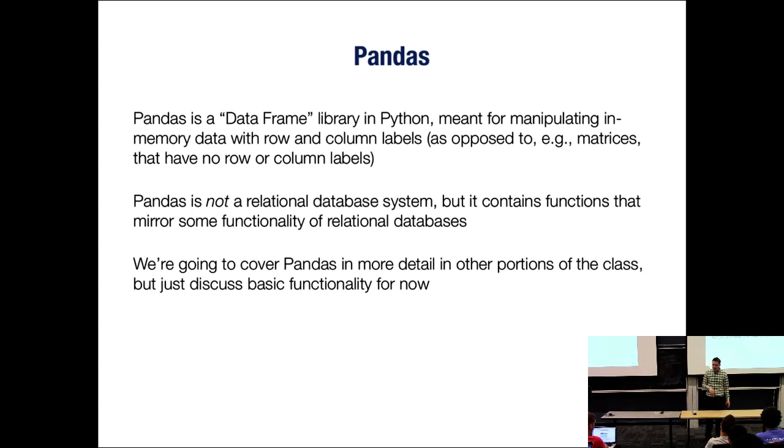Pandas is actually somewhat of a horrible error to introduce in a lecture like this because it's not actually a relational database, or rather it does not actually store relational data.